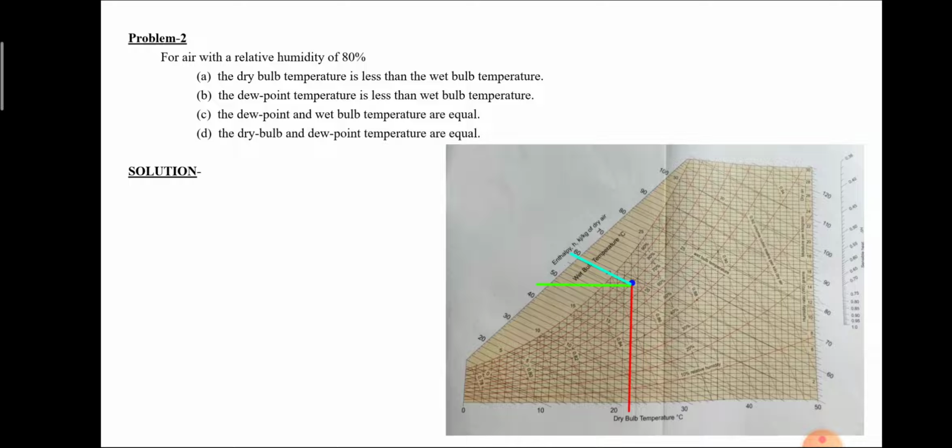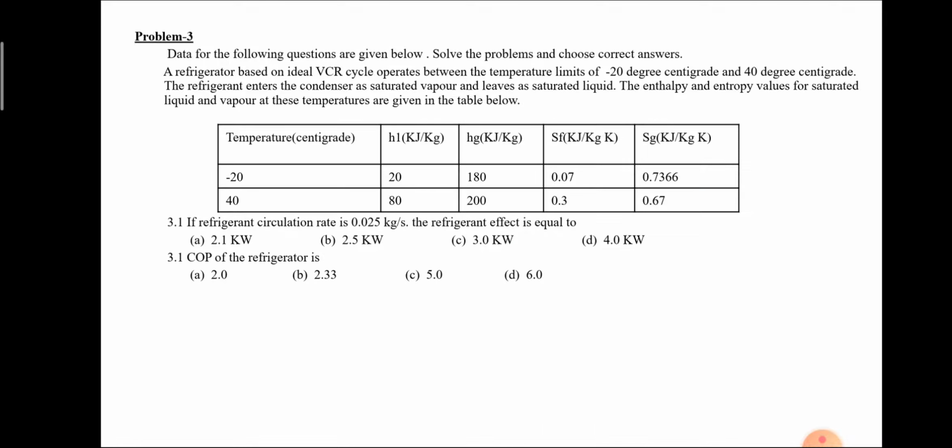Now you can clearly see that the dew point temperature is less than the wet bulb temperature. So the correct option will be B: the dew point temperature is less than the wet bulb temperature.